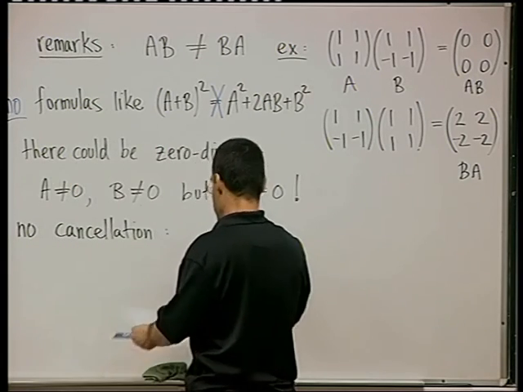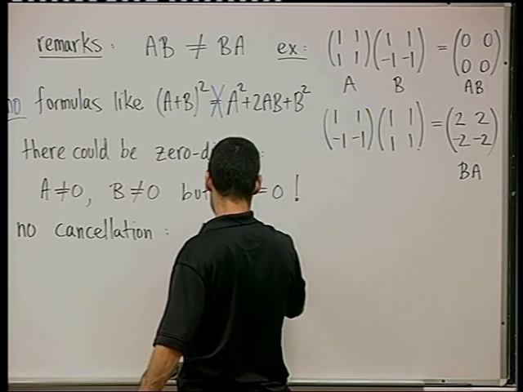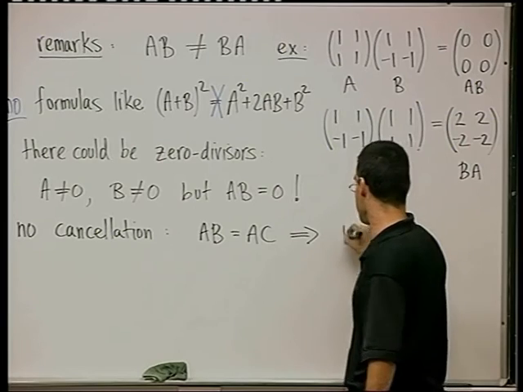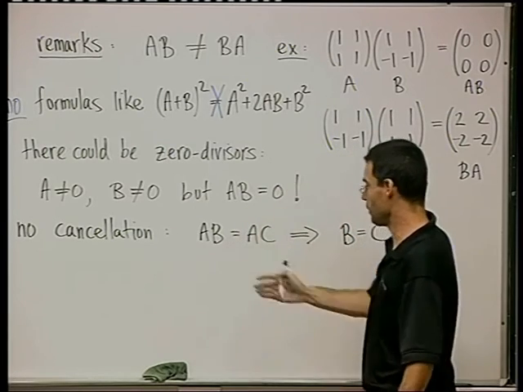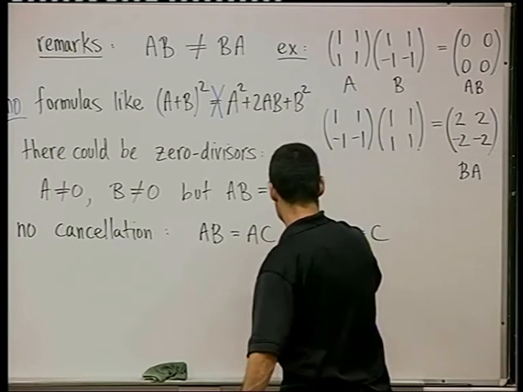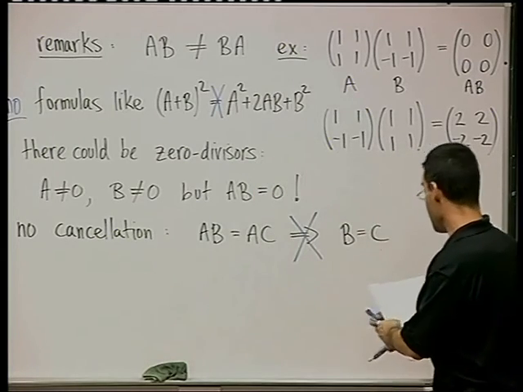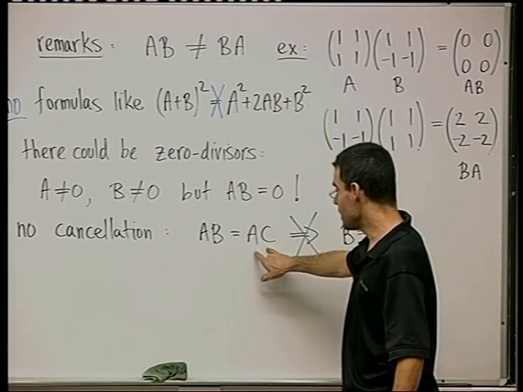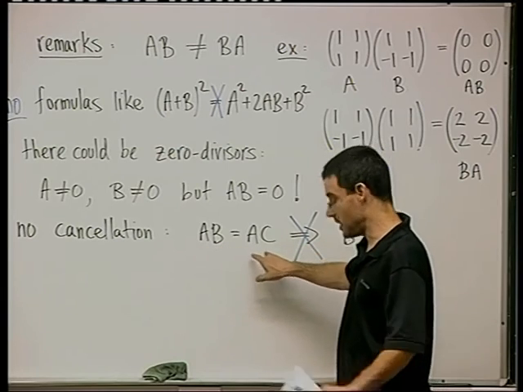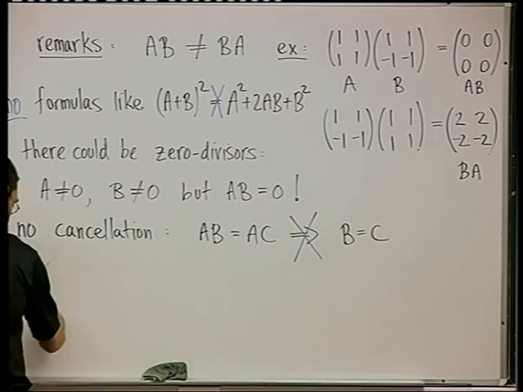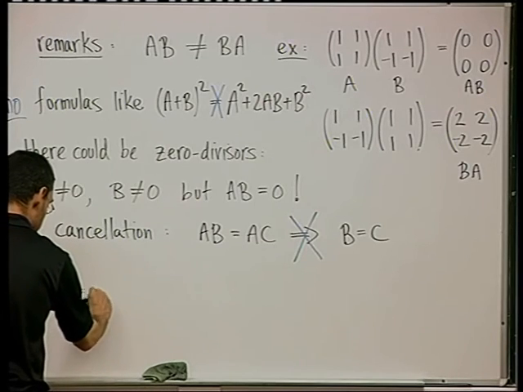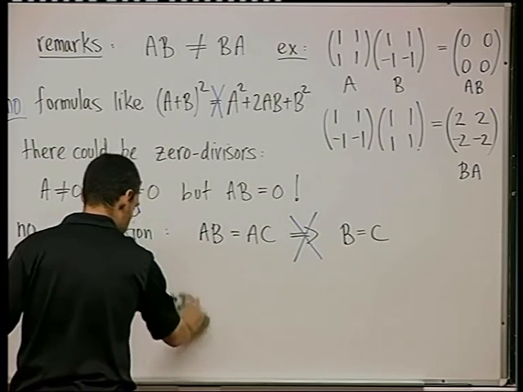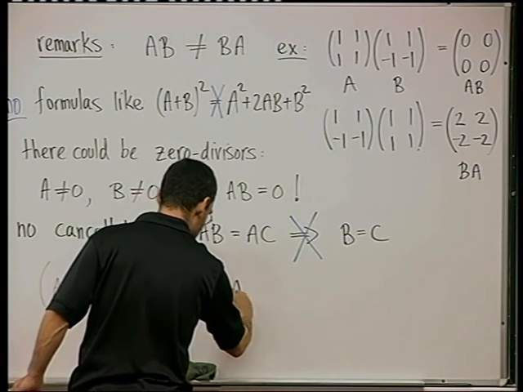Cancellation rules, like if you have AB equals AC, if it were regular numbers, you would say this implies B equals C, right? You can cancel both sides by A. No longer the case. Because AB equals AC implies that AB minus AC is 0.